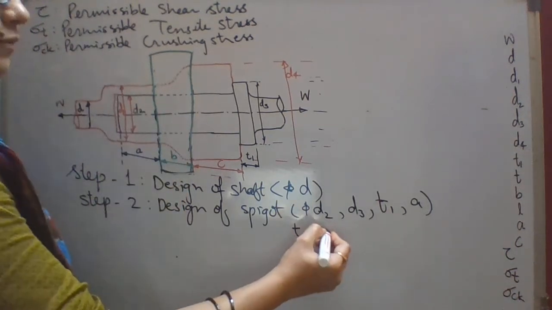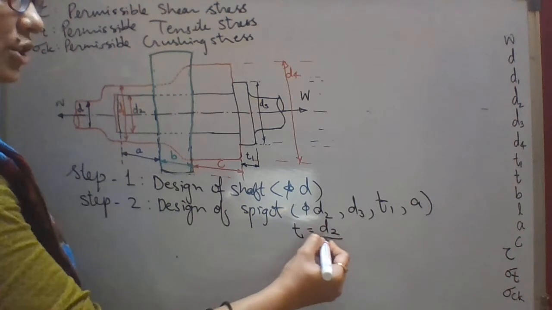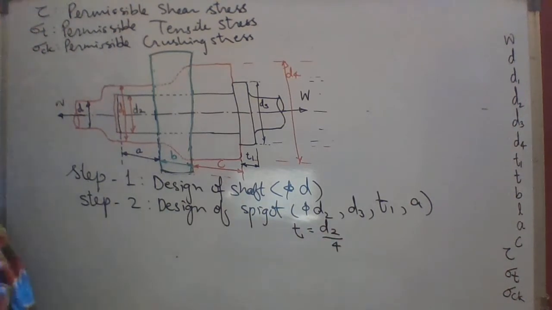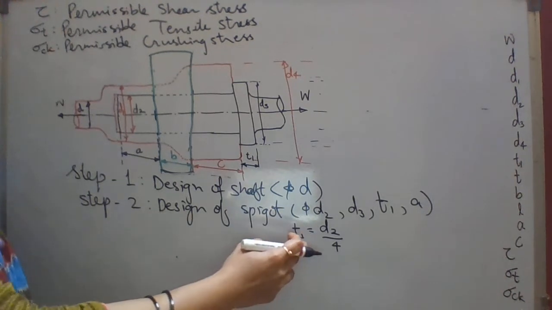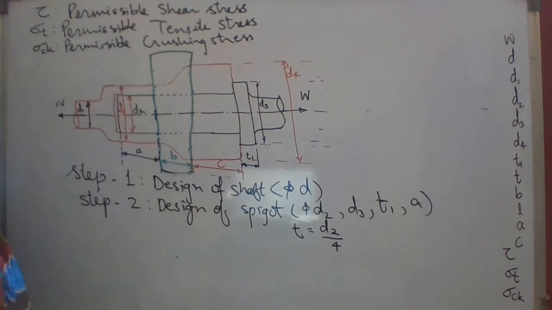So T we will take by the empirical relation D2 divided by 4. We'll consider T as D2 divided by 4. We are going to use many empirical relations, but at least see this first one, D2 divided by 4, the thickness of the cotter.